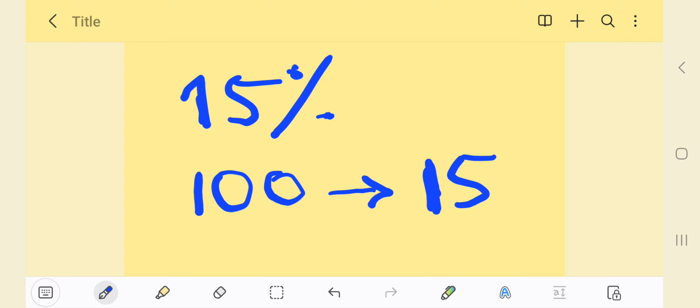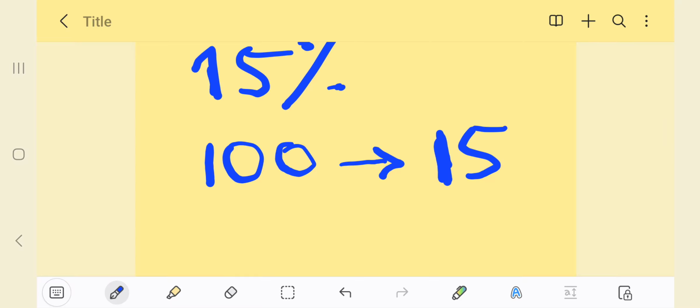So 100 minus 15, in this case we need to pay 85 euro. That's not our value, though. Our original price is 16 euro, so we need to consider that. I hope that you understood what 15% is here.